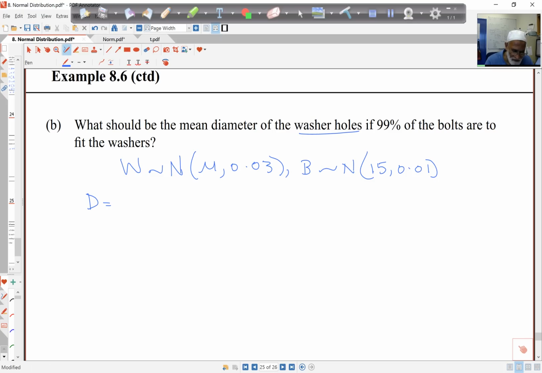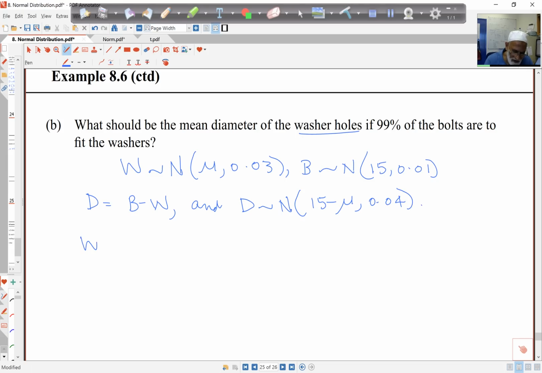So it's going to be bolt minus washer, and D has a normal distribution. The mean is the bolt minus the washer, so it's 15 minus mu.